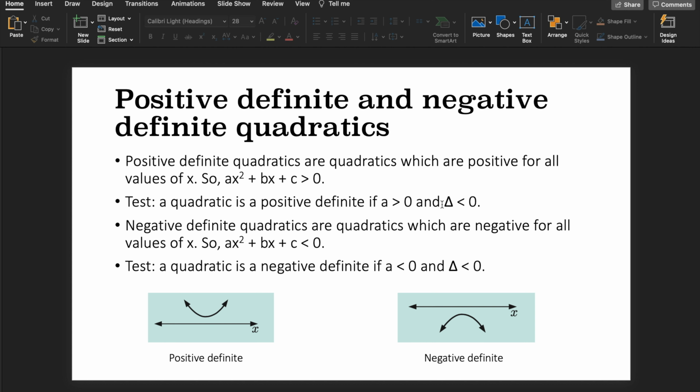And the discriminant must be less than 0, meaning it should not have any real roots. This is the condition for a negative definite. And this is the graph of positive definite, meaning it never crosses the x-axis and it's positive for all values of x. And then we have this, it's negative definite.